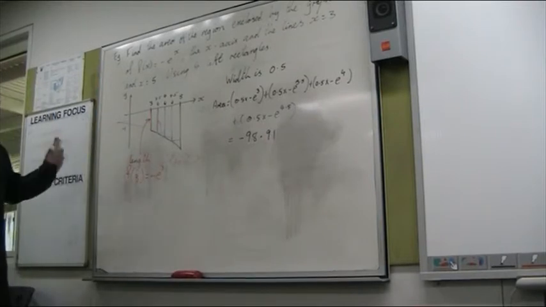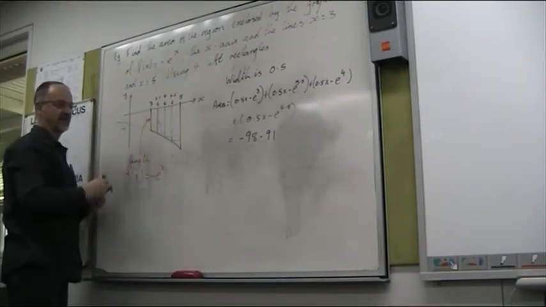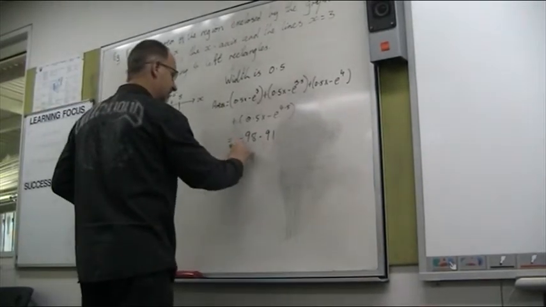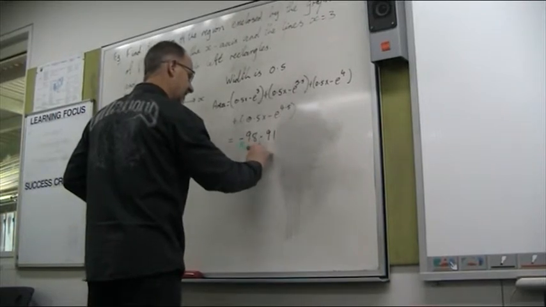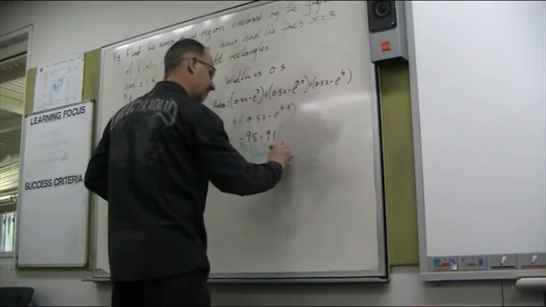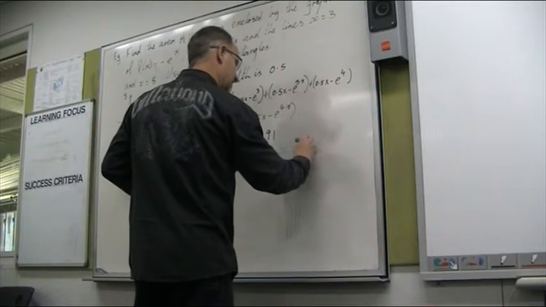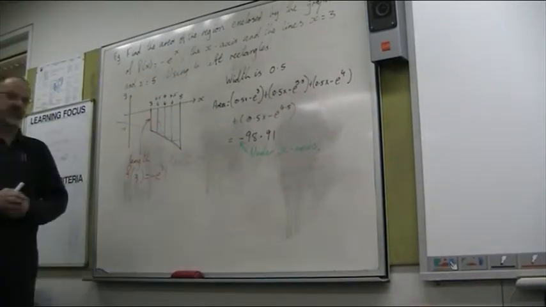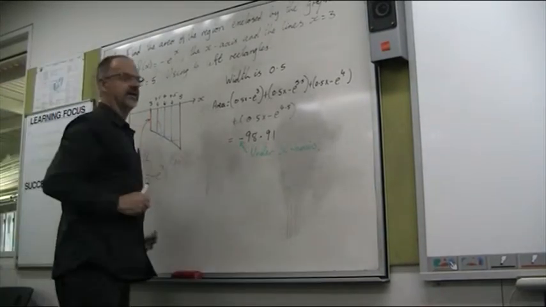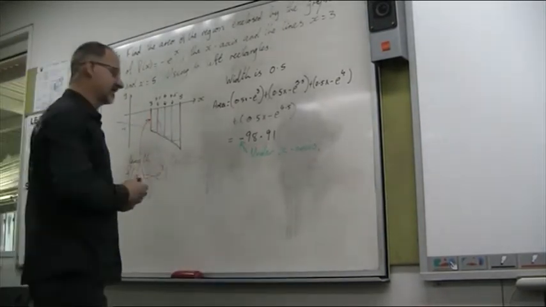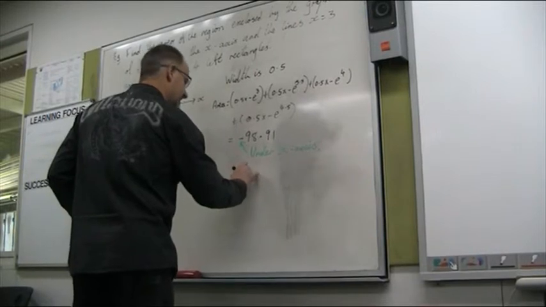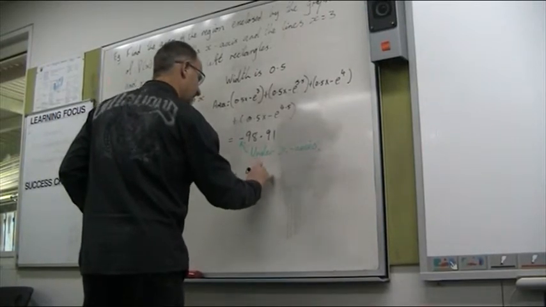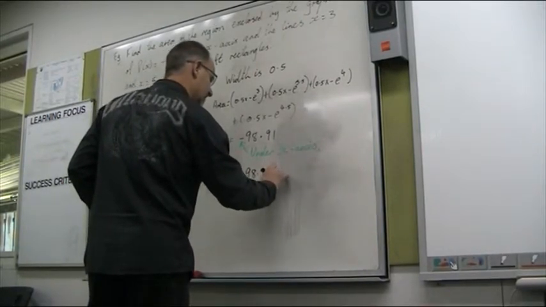Because it's below the graph. Yeah, the area's down here, so that's what the negative tells us. It tells us that that's under the x-axis. Because negative areas are very unfortunate, what we do is recognise that the negative means it's under the x-axis. The actual area itself is 98.91 square units.